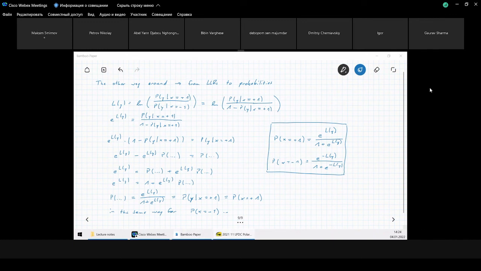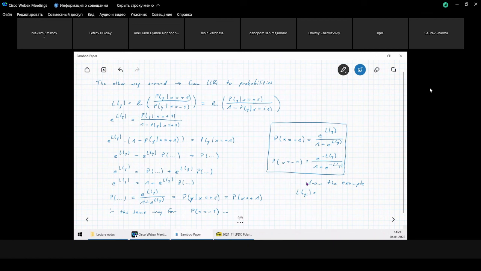And if we come back to our example, we would get the following numbers. From the example, if we have a L of y being, so what did we get here?